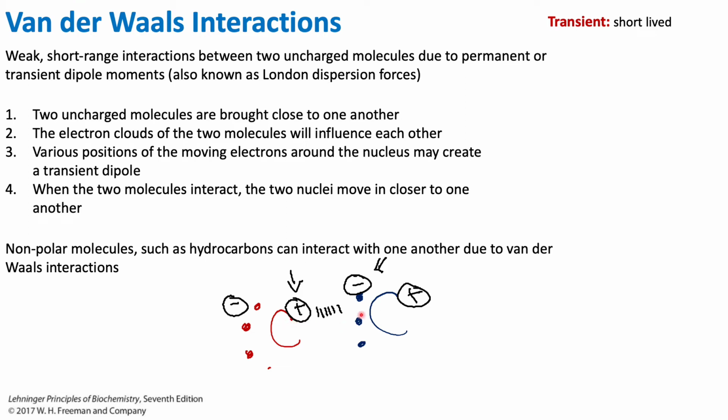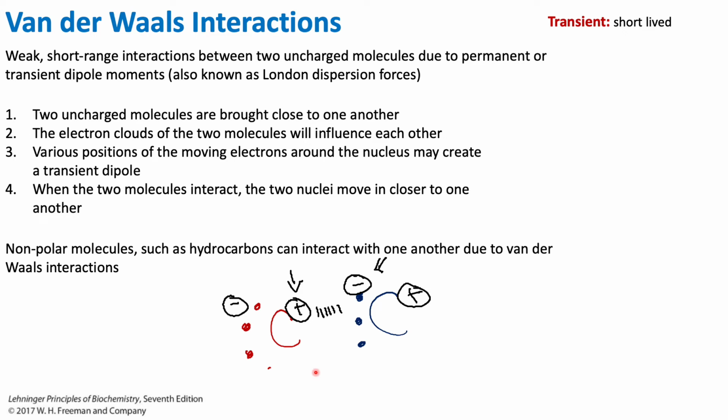When we get these dipole moments and these carbons start moving close to one another, there comes a point where the nuclei are so close together that they begin to repel one another because the electrons are spinning. So that moment, the second before the nuclei begin to repulse one another, that interaction happening over there where they're pulling each other close, that is your Van der Waals interaction.